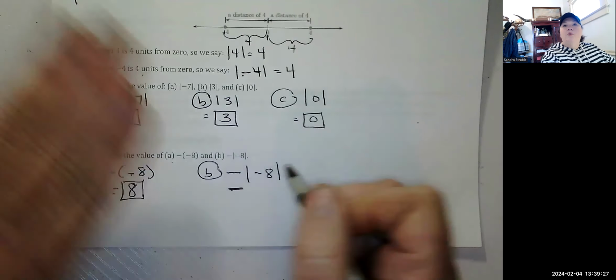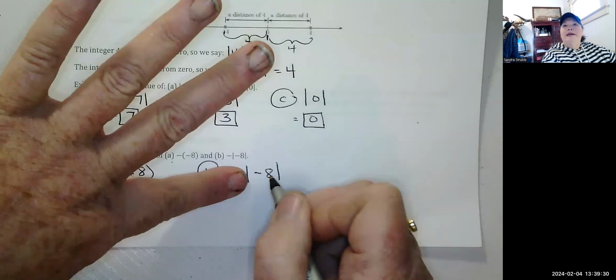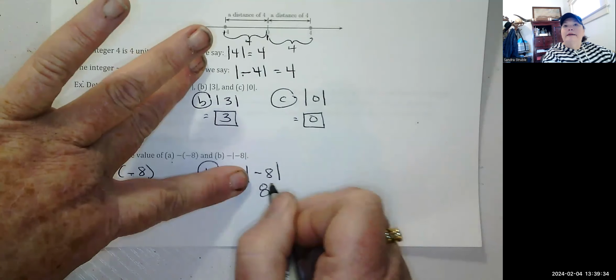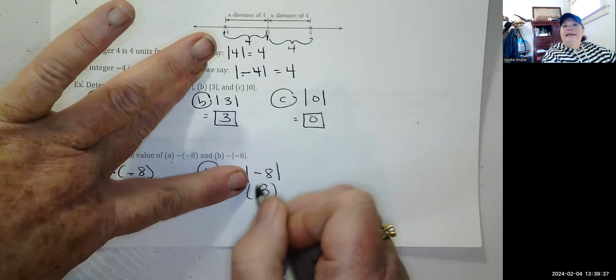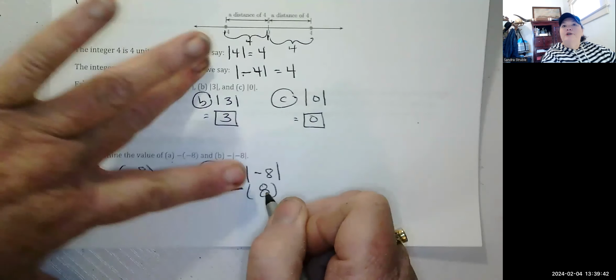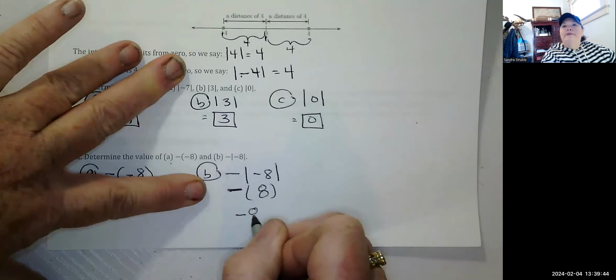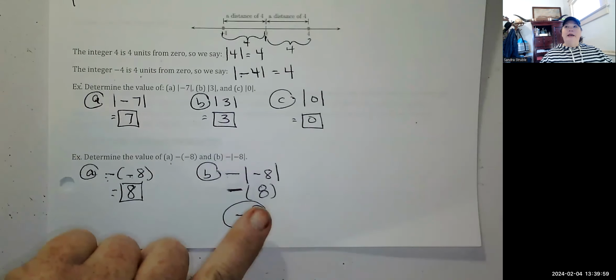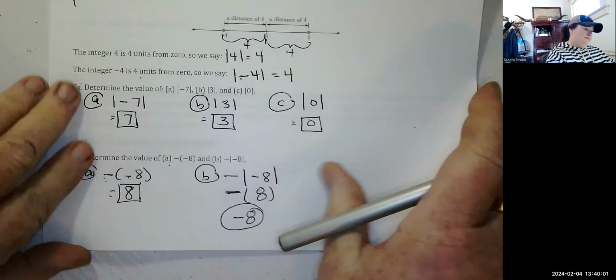The first one is, what is the absolute value of -8? That is just 8. So just to keep it separate, it's no longer the absolute value of -8, it is just 8. So what's the negative of 8? -8. You didn't have to put the parentheses, just for me to represent that what's coming out of that absolute value of -8 is 8, just to make sure there's no confusion. And then we apply that negative on the outside to the 8, and we get -8.